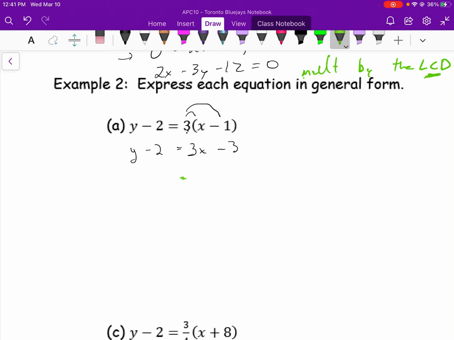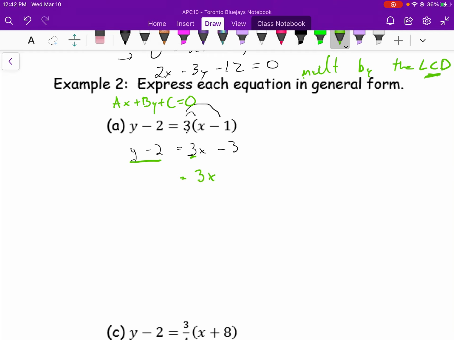Now I'm going to bring everything on the left-hand side over to the right-hand side. Keep in mind that the general form is ax plus by plus c is equal to 0. That's what we're talking about here. I notice that my coefficient a is 3, so it's positive, and that's what I like. So I'm going to move everything from the left-hand side to the right.